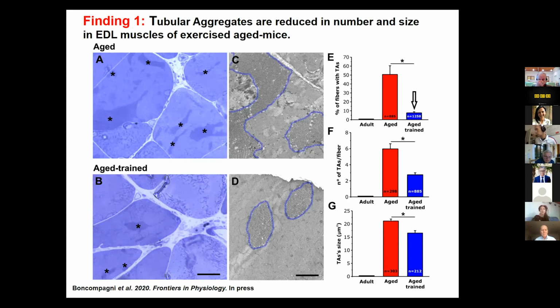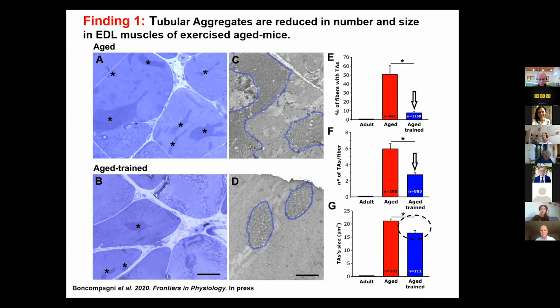Their number per fiber was reduced by more than 50%, and the average size of the few remaining aggregates was smaller by about 17%. Another nice result is that the reduction of number and frequency was also accompanied by rescue of function.